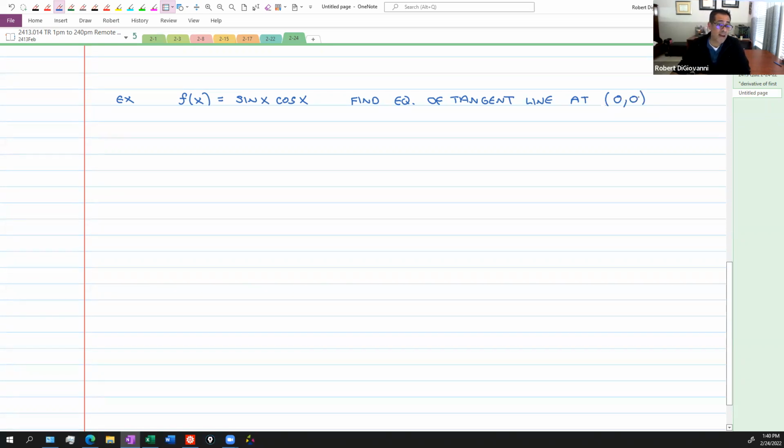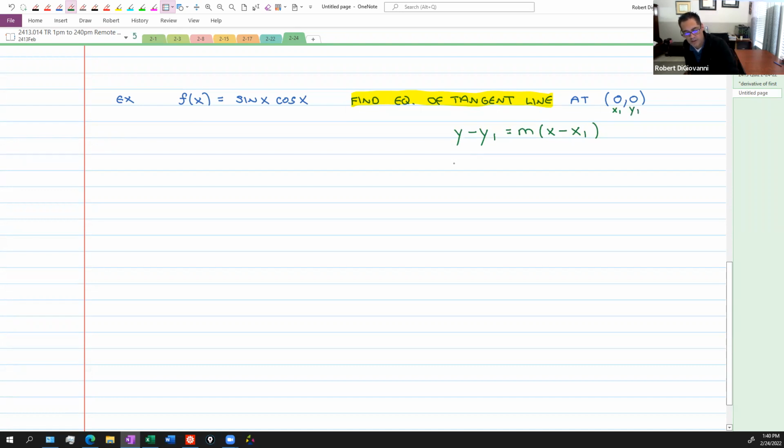Okay, so this takes us back to a few sections ago. This whole idea of finding the equation of a tangent line is kind of at the heart of what we're doing here in chapter 2. To do this, we're going to have to bring out that good old point slope formula. The x1 and y1 here is the point that's given to us.